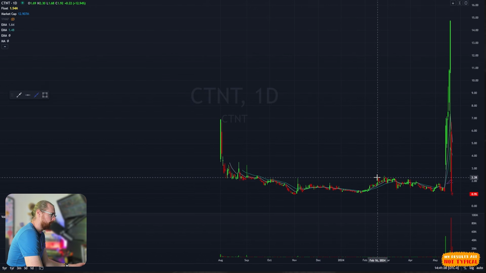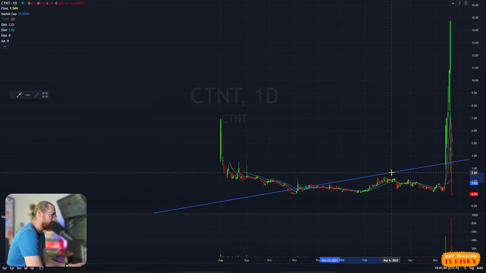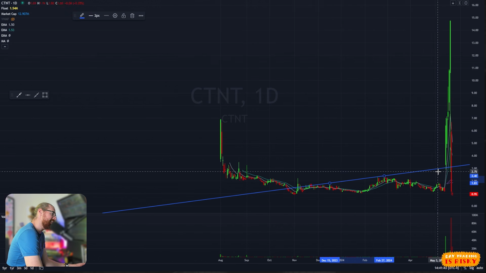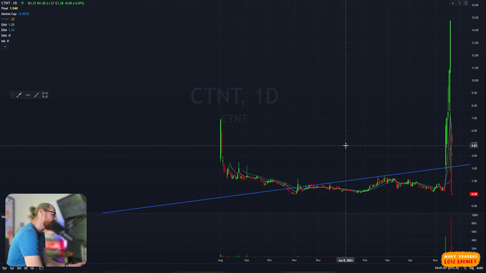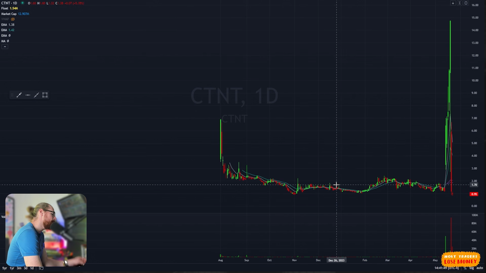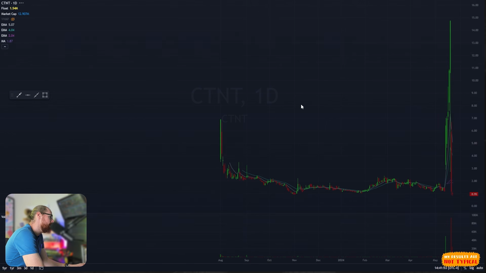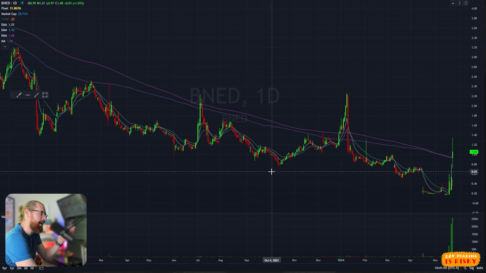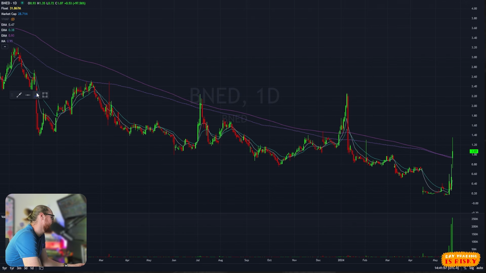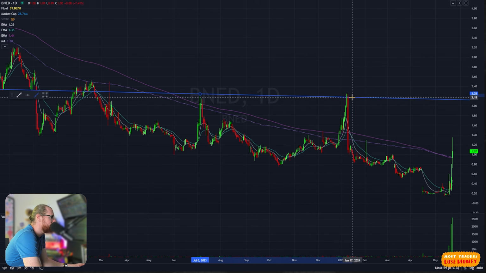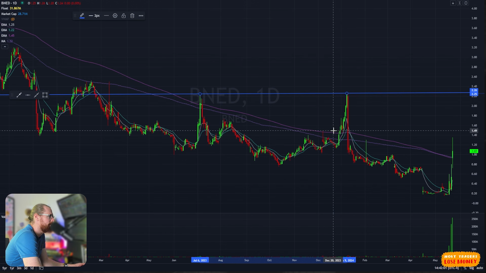Now, in this case, we also really didn't have any ascending resistance either. So an ascending resistance line would be when the price is moving up. And this is less common to see, because in order to have ascending resistance, you need the price to have been making higher highs. So like right here, that's really flat. That's not even ascending. That's just flat.